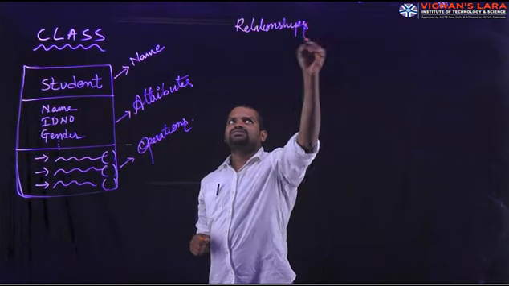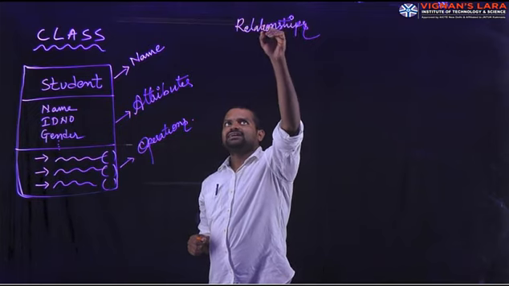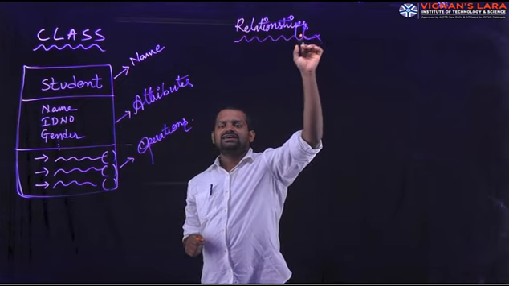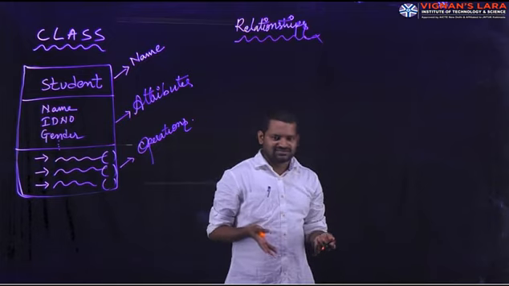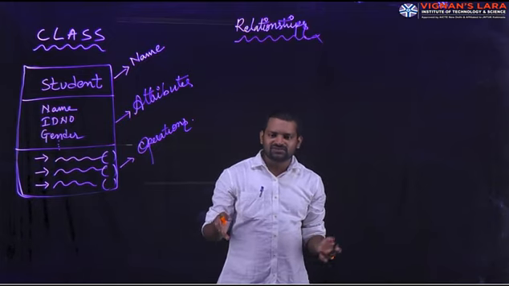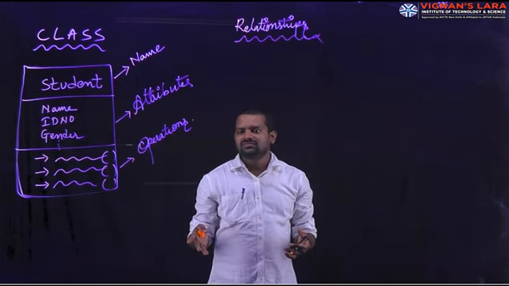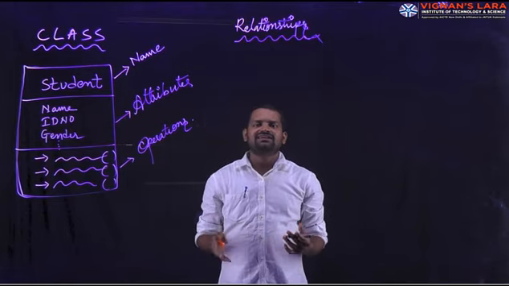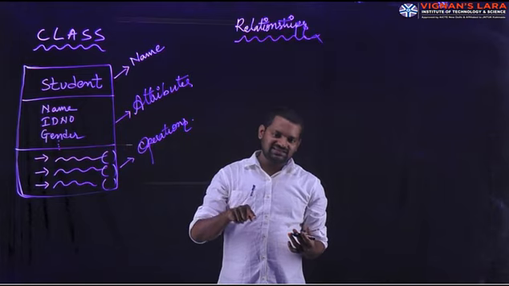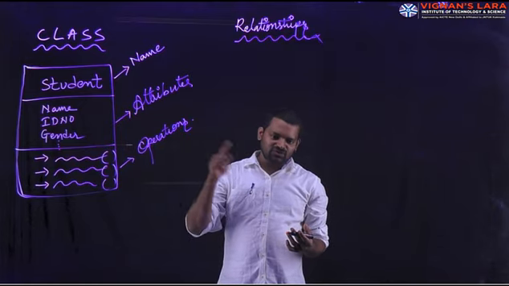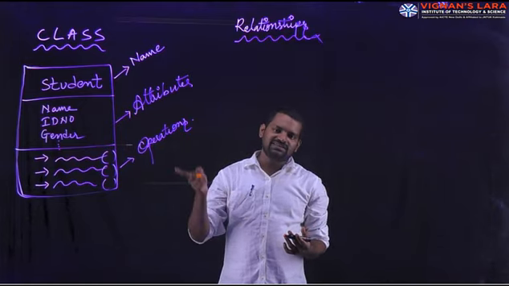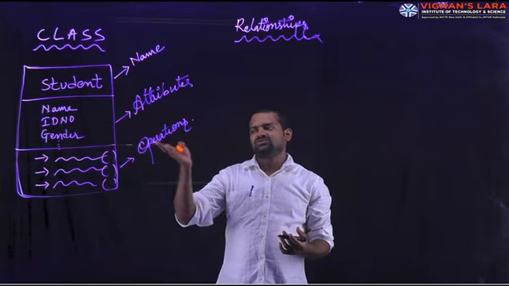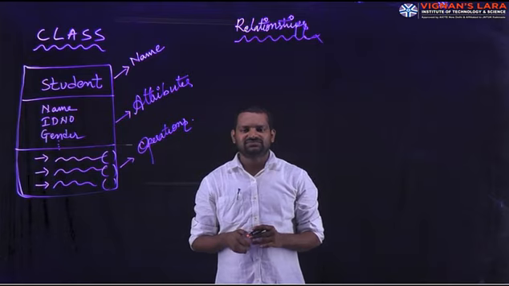What are relationships? Relation is nothing but a connection. Between whom? Especially in this class diagram, we are giving the relation between the classes, between the nodes, or between some other packages also that you can include with the class diagram.